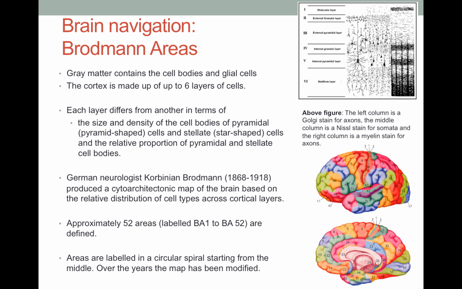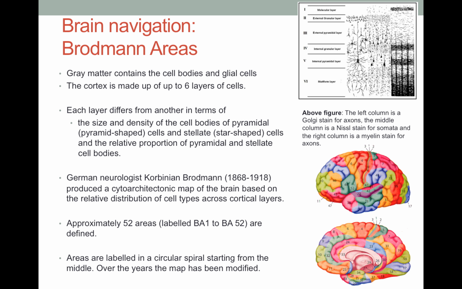Areas are labelled in a circular spiral starting from the middle, and this means the middle of the brain, which we can see here. Over the years, the map has been modified, but Brodmann has made one of the most successful attempts to define regions of the cerebral cortex.